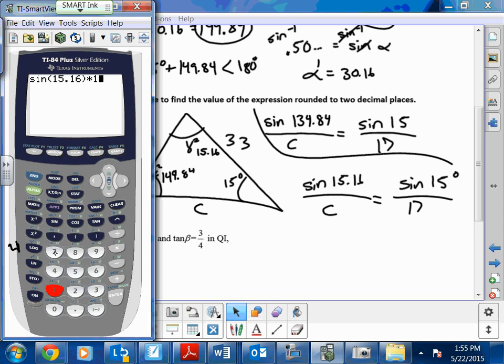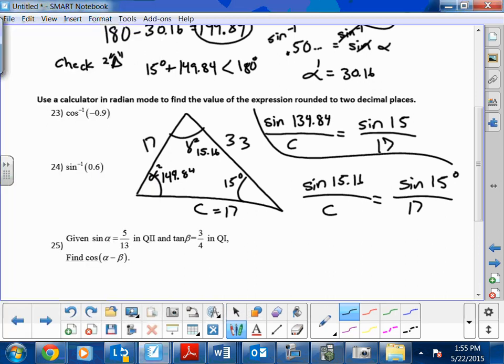Take that and multiply by 17 divided by sine of 15. We get 17.177. So that means an alternate measurement could also be 17.177. This is a possibility. So here's the two solutions.